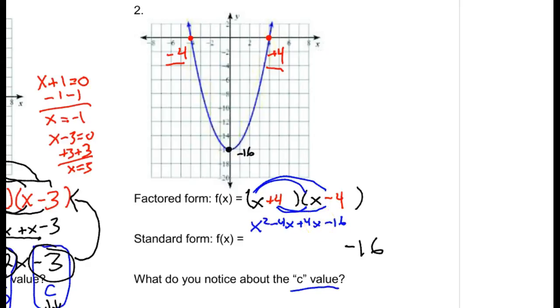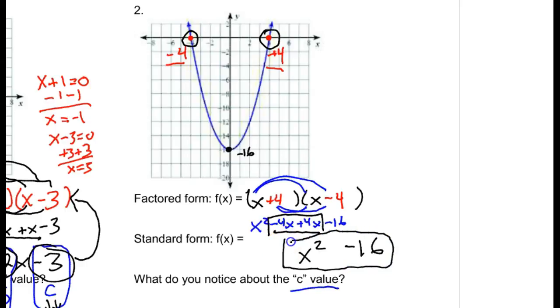So what eventually you'll start doing is, if you have the two x-intercepts, you actually also have the y-intercept. You know? Okay. And then here, those just cancel out. 4 minus 4 is 0, so we end up with x squared minus 16.